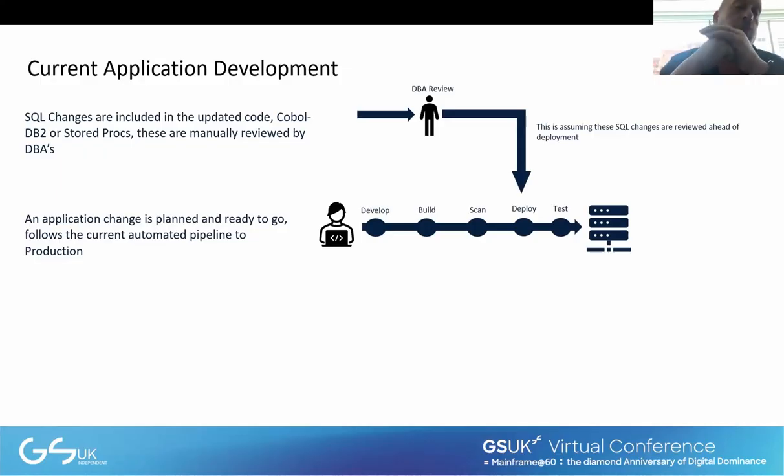So if I have a SQL change, that's not built into this pipeline. Typically, those SQL changes have to be manually reviewed by your DBAs in order to be part of the deployment. So now I have an offline process that is involving another team, someone else.